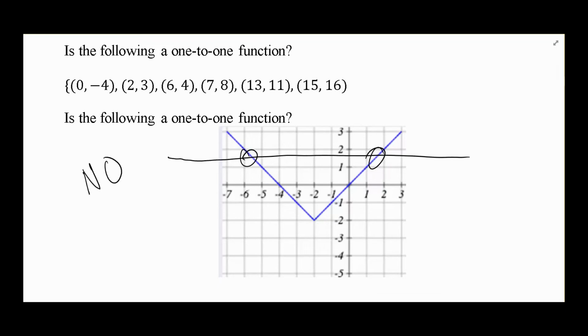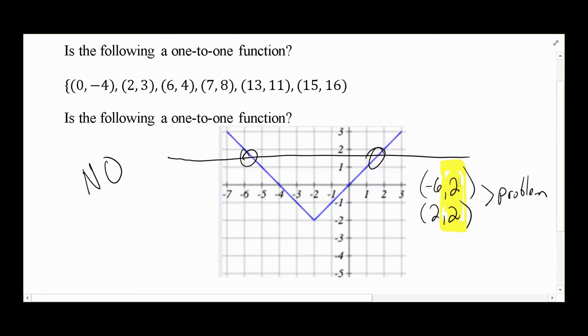Then we can look and say, okay, what does that mean in terms of ordered pairs? If I look at some ordered pairs, like negative 6, 2 and 2, 2, those are what caused the problem that made it not 1 to 1.